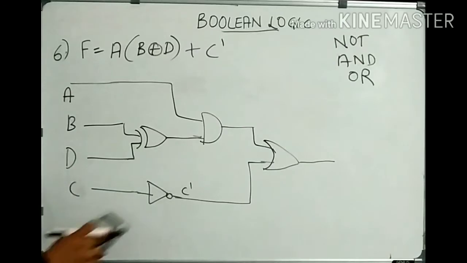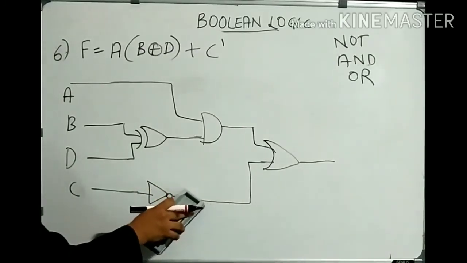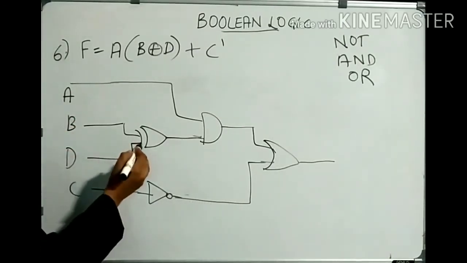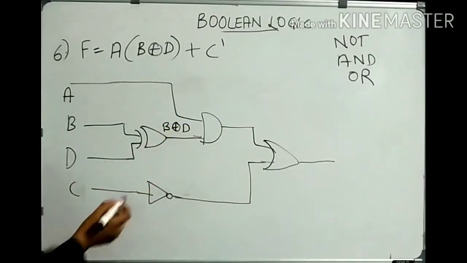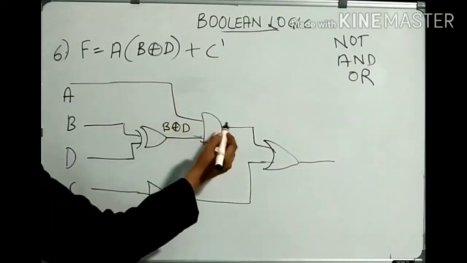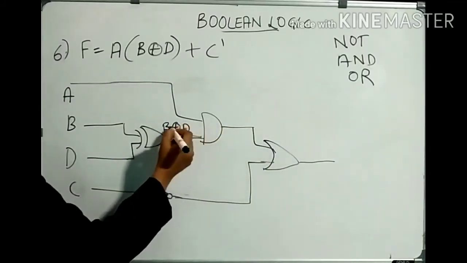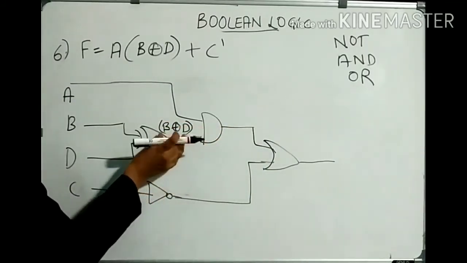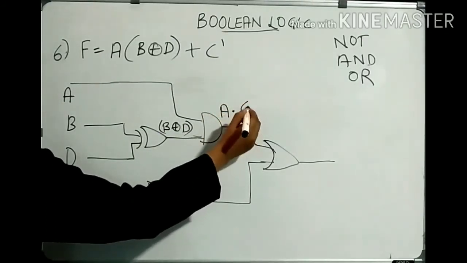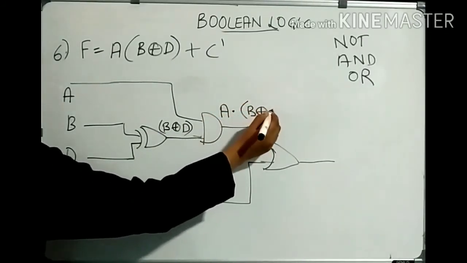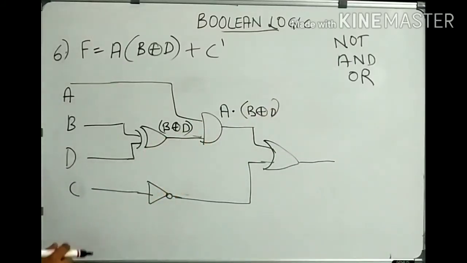Okay. Let us now cross check. So B and D XOR. So B XOR D. Then A is coming from here. Yes. So A is being ANDed with this thing. This is a single input. So A and B XOR D is the output from this gate.